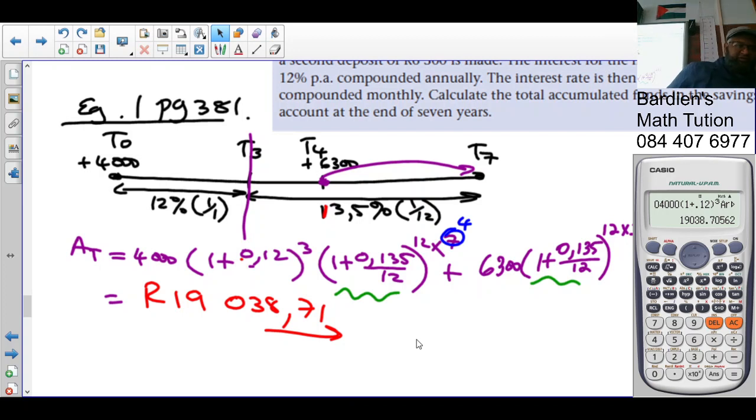So, for homework, I want you guys to do, out of exercise 11.6, the odd numbers. 11.7, the only difference there is that they have a withdrawal.